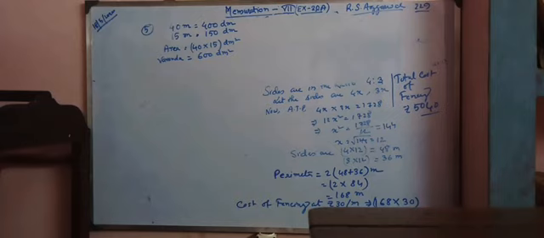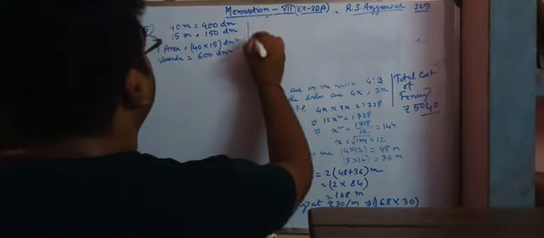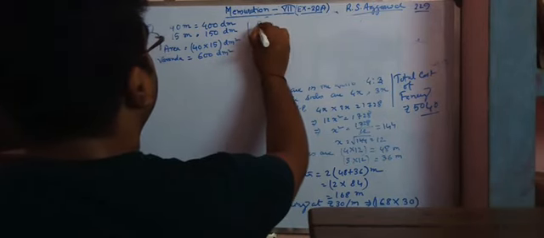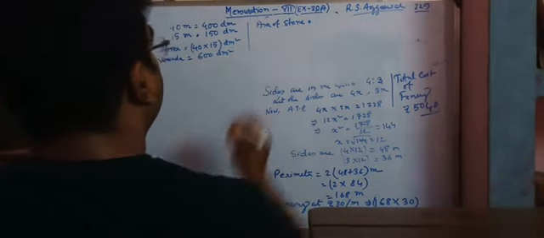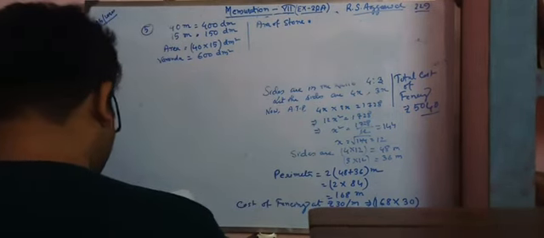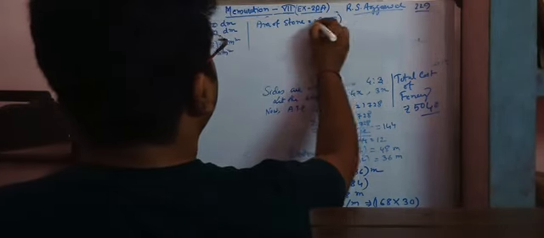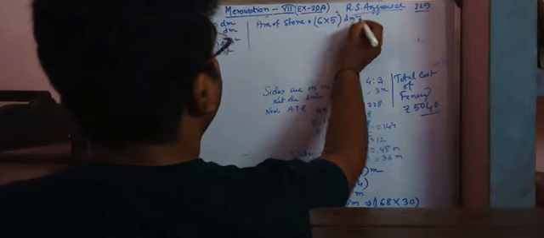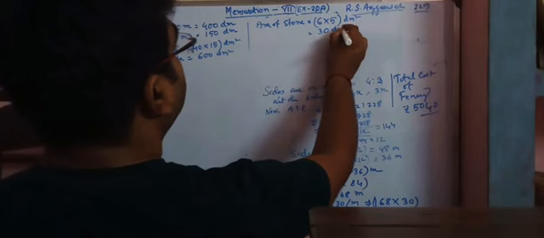Next, area of each stone. Area of stone is equal to 6 into 5, because length is 6 decimeter and breadth is 5 decimeter, that is 30 decimeter square.